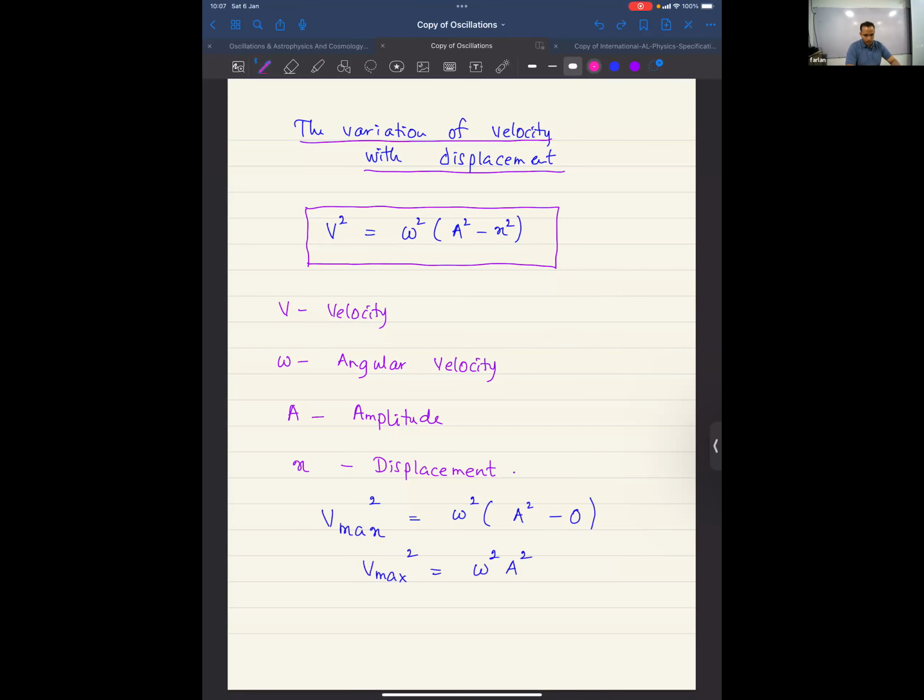So v max squared is equal to omega squared into (A squared minus 0). x is 0. So then v max squared is equal to omega squared A squared. So v max is equal to the square root of that, which is omega A. So omega multiplied by the amplitude will give you the maximum velocity of a particle which is in simple harmonic motion. Take it down.